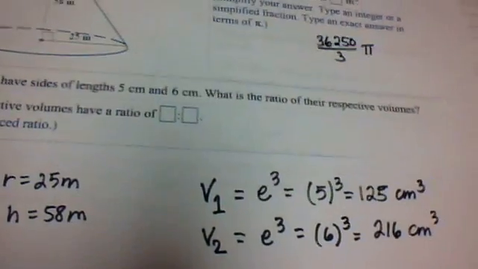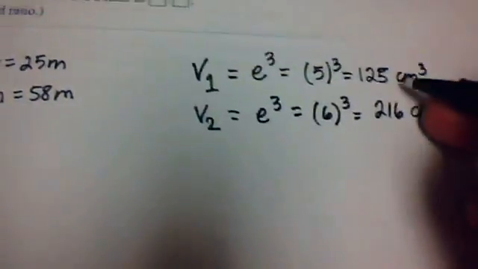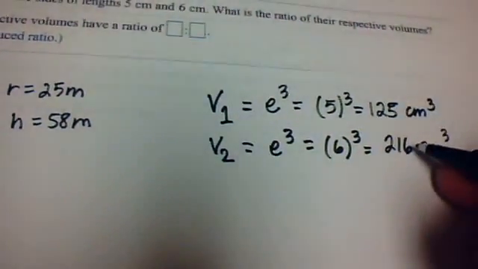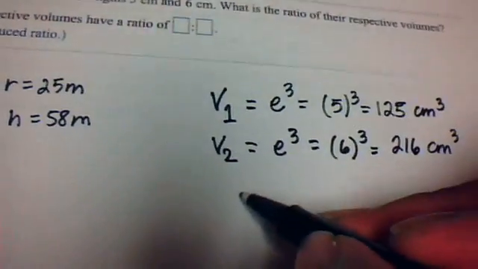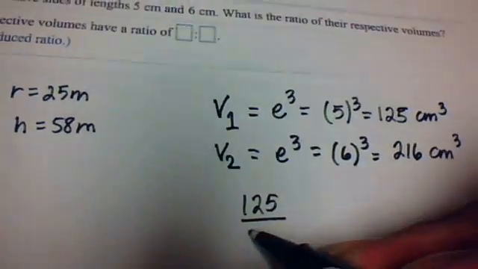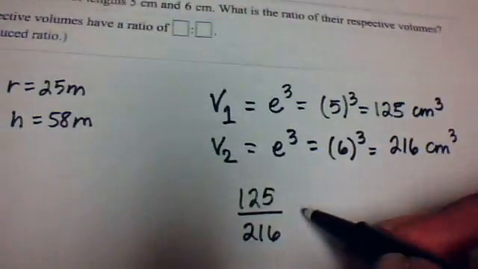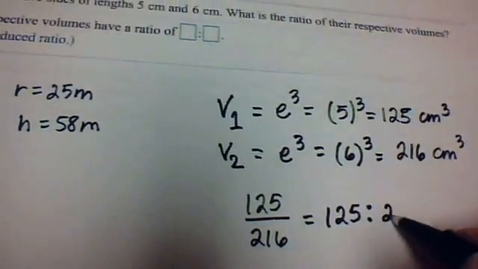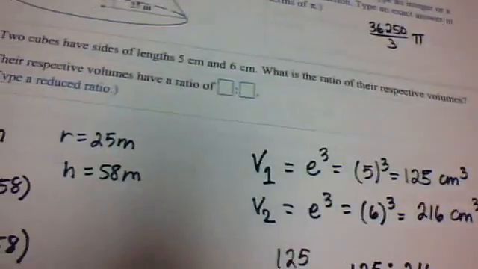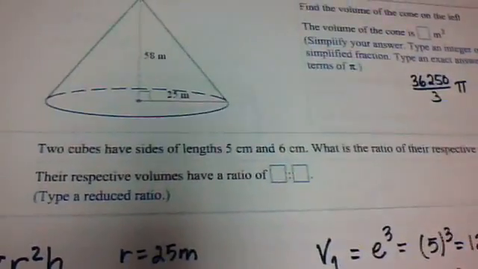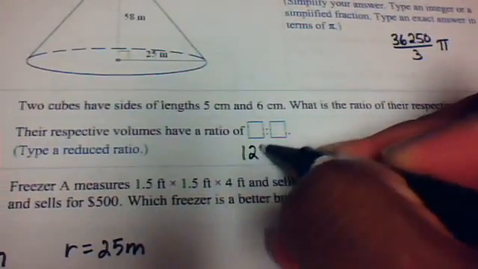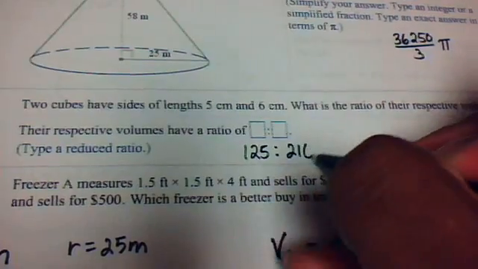Okay, now we want to find the ratio of their respective volumes. The ratio of the volume of the first cube to the volume of the second cube will just simply be 125 over 216. And now we can rewrite this as 125 to 216. So to answer that question, the respective volumes have a ratio of 125 to 216.